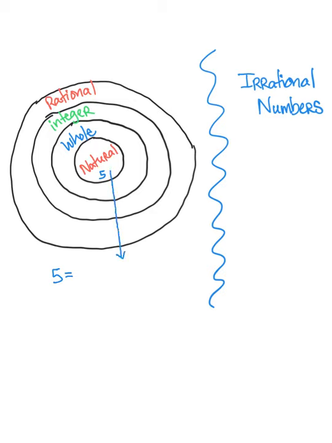We know that 5 is natural. I had to walk out of whole, then integer, and then rational. So 5 is classified as natural, whole, integer, rational.